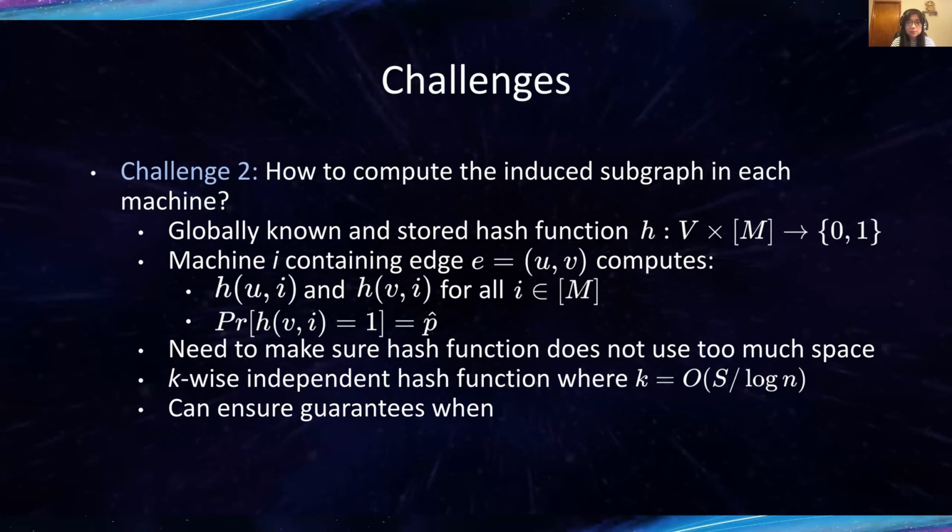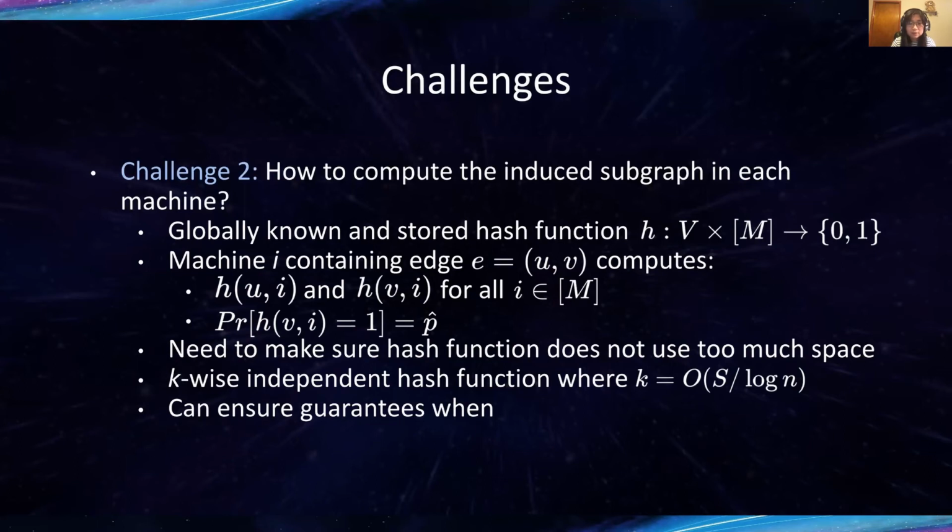Each machine computes for itself the set of edges that it contains by calling the hash function. Furthermore, the probability the hash function on an input outputs 1 is given by p. We must be mindful that the hash function does not use too much space.